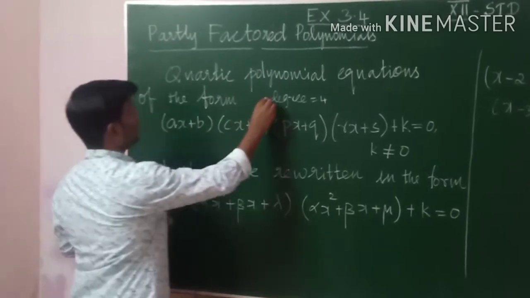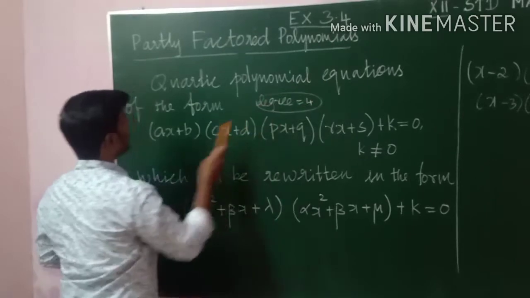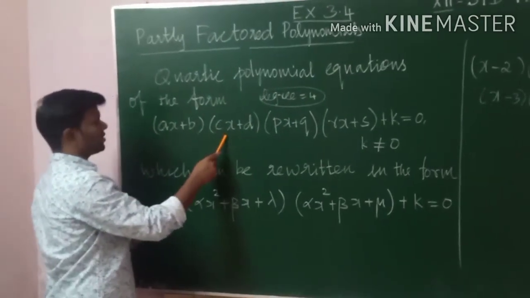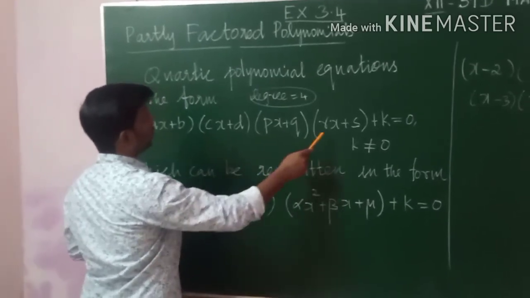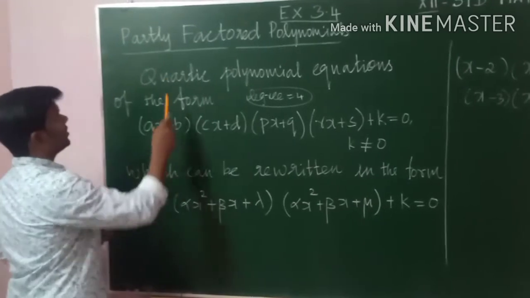Quartic polynomial equation. So here, quartic polynomial equations of the form (ax + b)(cx + d)(px + q)(rx + s) + k = 0. This is what?